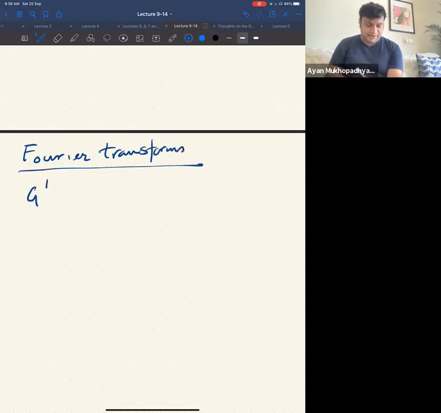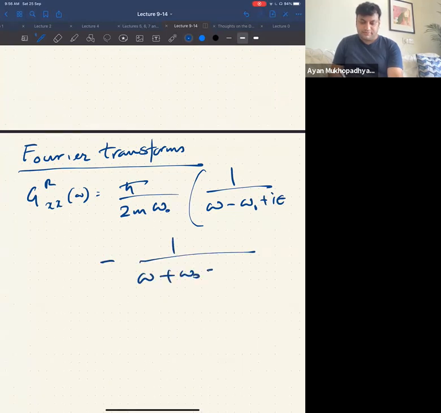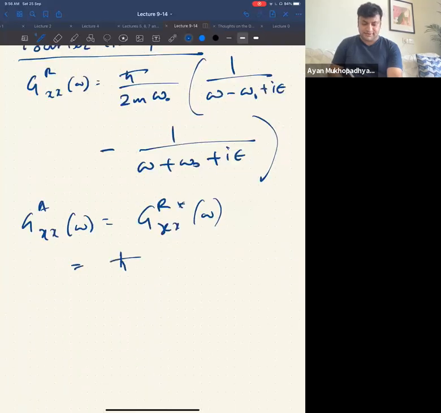So in Fourier space, G_R(ω) has the simplest form, which we already wrote. It is ħ by 2mω₀ times 1 by ω minus ω₀ plus iε, minus 1 by ω plus ω₀ plus iε. And for the advanced propagator, it is simply the complex conjugate, and it will turn out to be the same with ħ by 2ω₀ and 1 by.